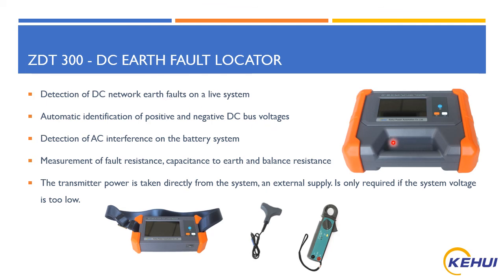It has wonderful features: this equipment can be used without an external power supply if it is a 110 volt or 220 volt DC system. If you are using this equipment for a 48 volt or 24 volt system, you need an external power supply to energize the transmitter unit.